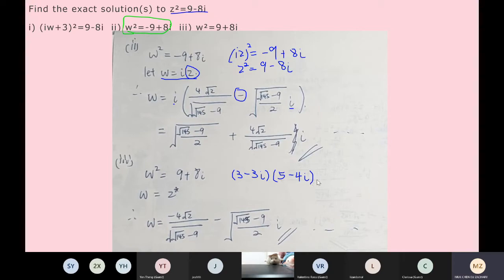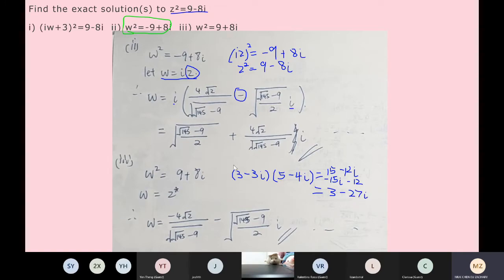Okay, so you're gonna expand this, and then you're gonna get 15 minus 12i minus 15i plus minus 12. Alright, then what you get is 3 minus 27i.